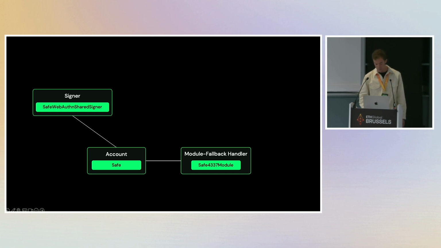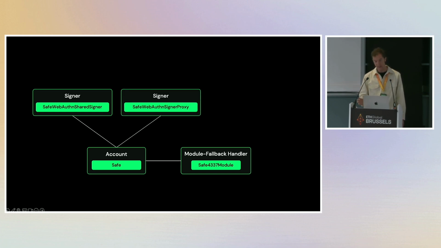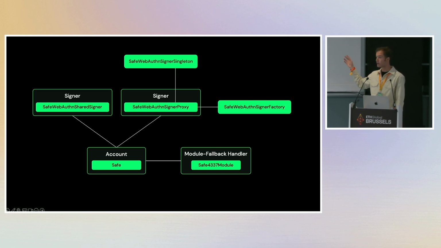If you want to use more passkeys, then there are other contracts like the Safe WebAuthn signer proxy that can be added, and that would be used for a second signer, and we can add more and more. This proxy is a singleton and also has a factory you can call to deploy it.